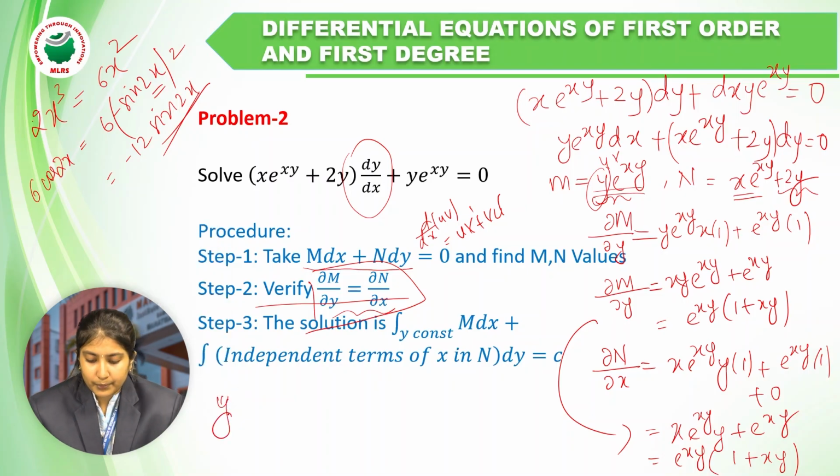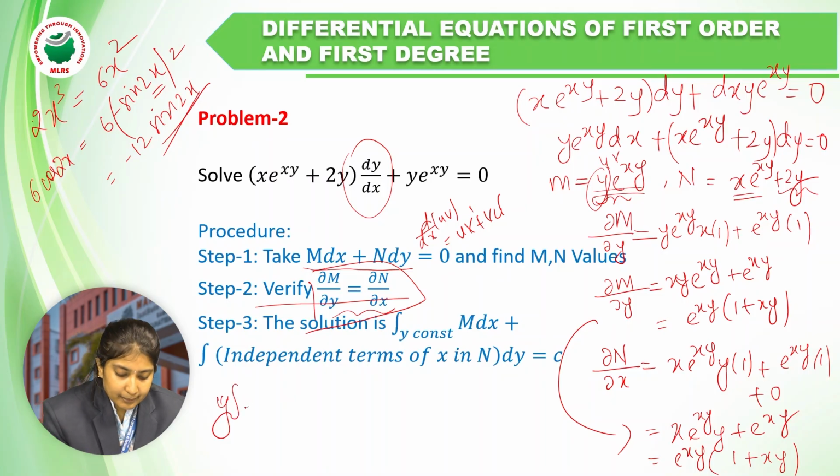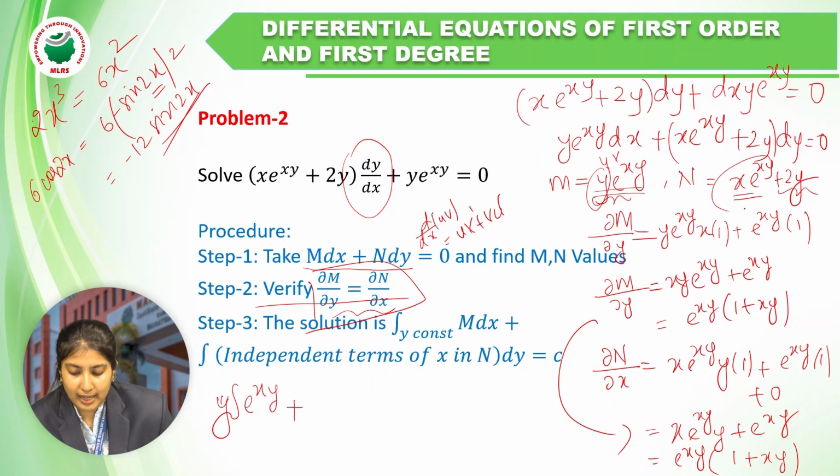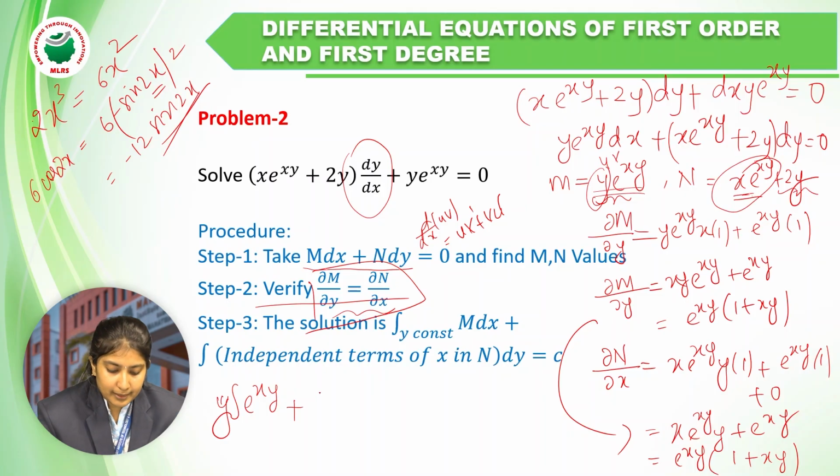Then I have to integrate e power xy, right? Next, plus terms which are independent of x. This one is having x, so I cannot take this term. This term I can take, plus integral equal to c.